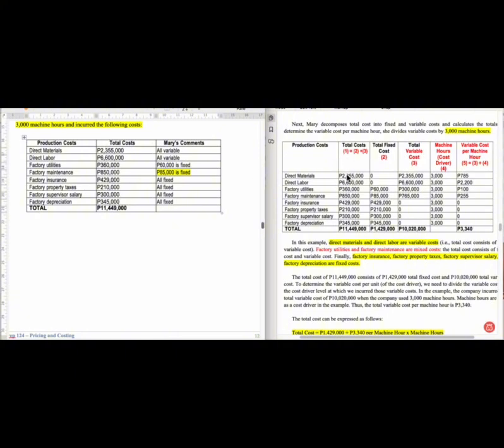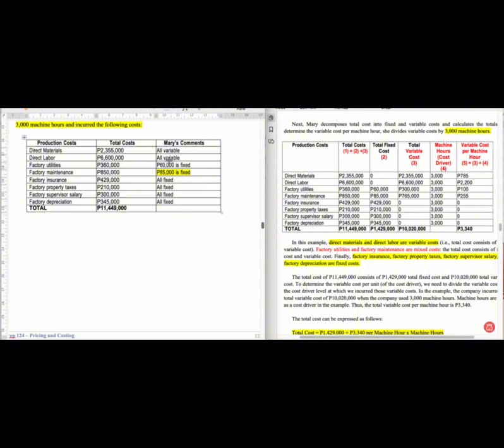The equivalent amounts: direct materials 2,355,000, direct labor 6.6 million, factory utilities 360,000. The total from direct materials to factory depreciation is 11,449,000.